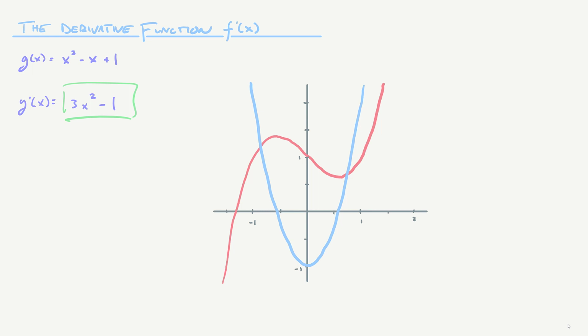Some of the stuff that we looked at was the relationship that g has with its derivative: when g has a slope of 0, the derivative has a 0. Remember, the derivative is modeling the slope of the red line. Where the red line has an instantaneous rate of change of 0, the blue line, the derivative, would have an x-intercept at that point.